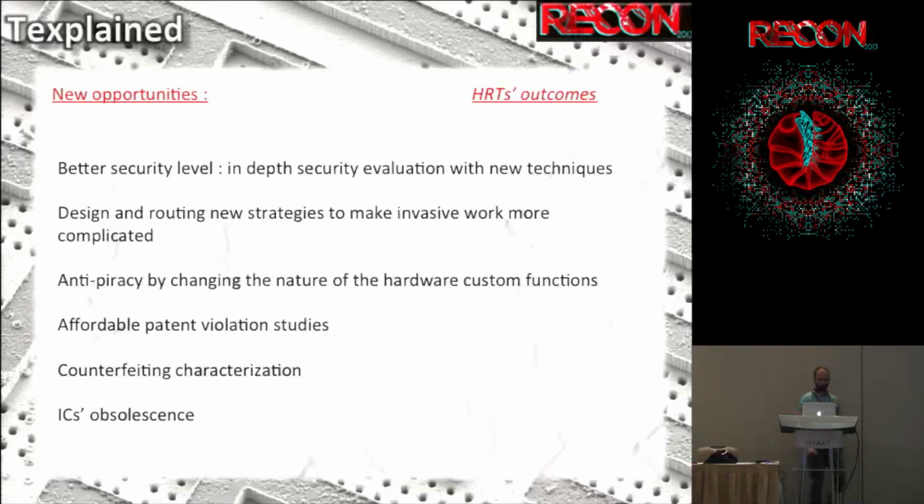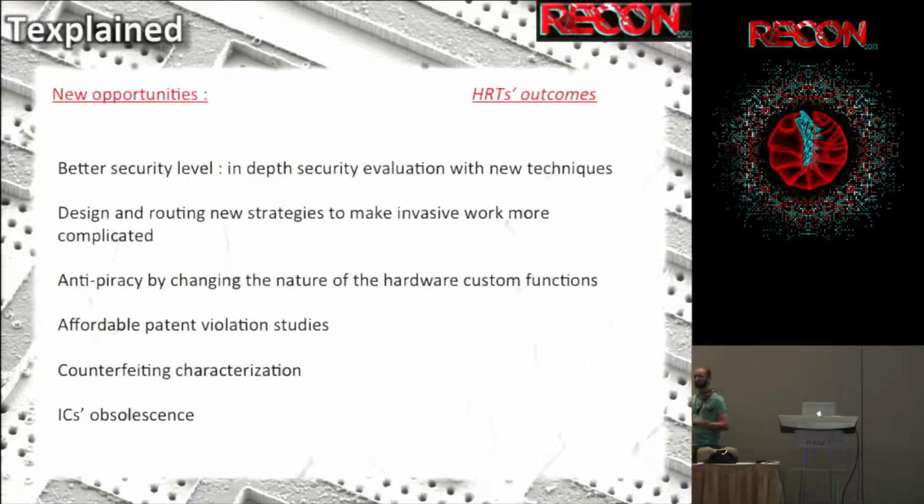What next? Yes, it will also help in things like patent violation studies, because you can just look, did they steal my patent? Yeah, let's have a look. Or you can take counterfeits and look at them just to make sure they are counterfeits. And it can also be useful in case of IC obsolescence, for example.